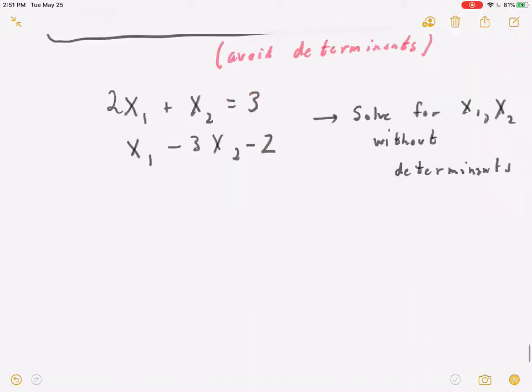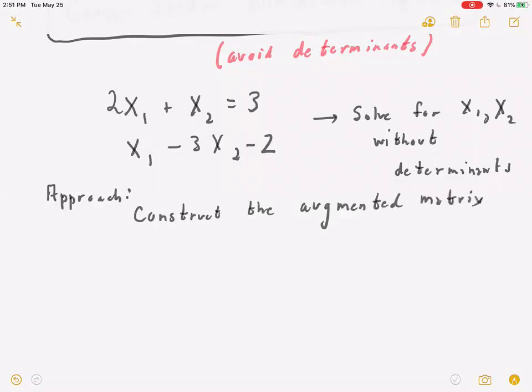Okay, so the approach is, I'll write it out in words and actually apply it, going through several examples. The approach is to construct the augmented matrix, which is just A glued to B, and use the appropriate elementary row operations.